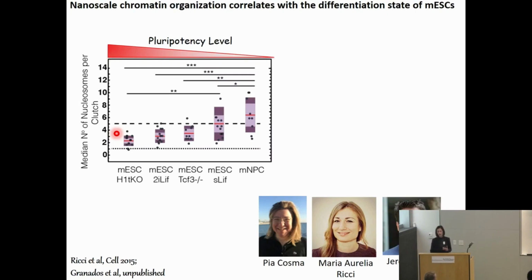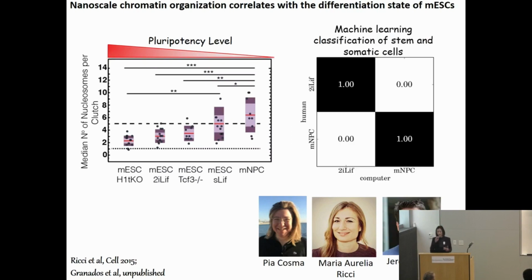And so we've been collaborating with the lab of Jerome Solon to develop machine learning-based approaches that take these images, incorporate information at multiple length scales, and use that information to cluster cells into cell states based on their spatial organization of chromatin. And I'll show you some results.